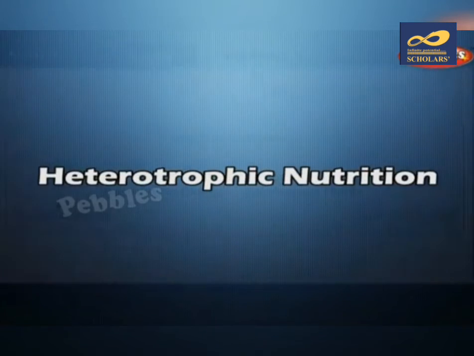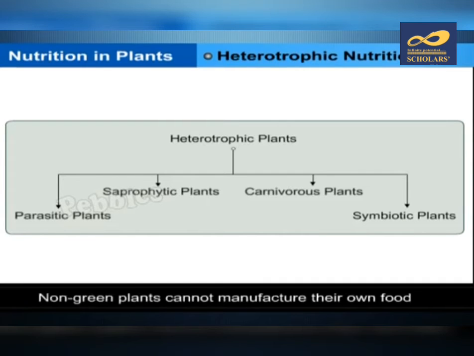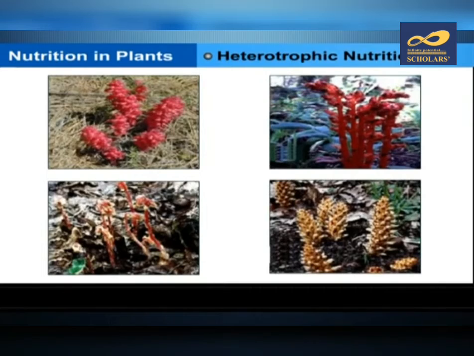Heterotrophic nutrition. The classification of heterotrophic plants is shown. Non-green plants are unable to manufacture their own food. Then, there are some plants which can manufacture their own food, but the soil in which they grow does not have all the nutrients. So how do these plants obtain their food or the other nutrients they need?